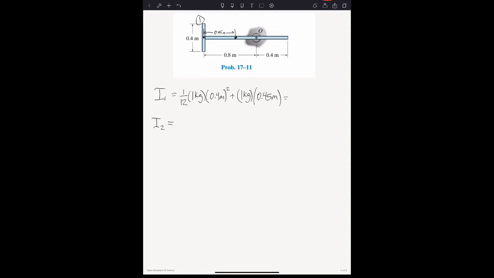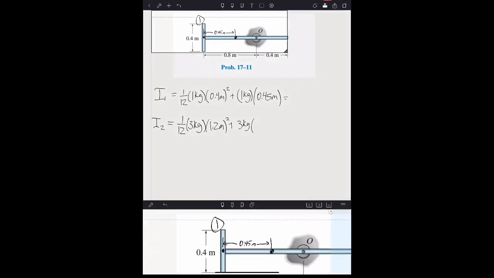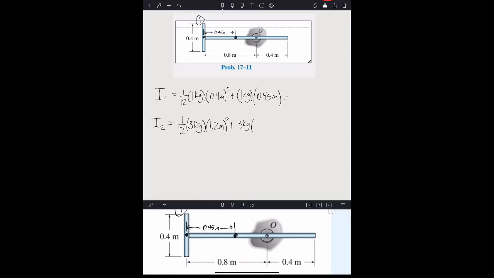I2, the moment of inertia of shape 2 about the center of mass, is equal to its moment of inertia about its own center of mass, which is 1/12 times 3 times, not 0, that's a 1.2 meter long rod, plus its mass times its distance from its center of mass to the overall center of mass. Remember, it's 1.2 meters long, so its center of mass is 0.6 meters away.